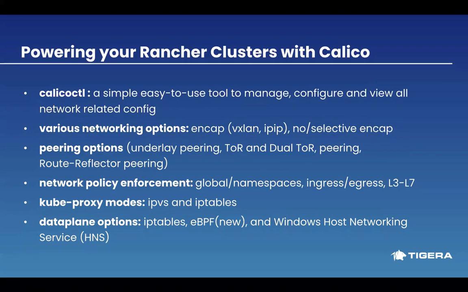So in working with some of our users, I noted down some of the reasons why Calico can really power your Rancher clusters, and I'm just going to go through them one by one here. First of all, calicoctl provides a simple, easy to use tool to manage anything related to networking.